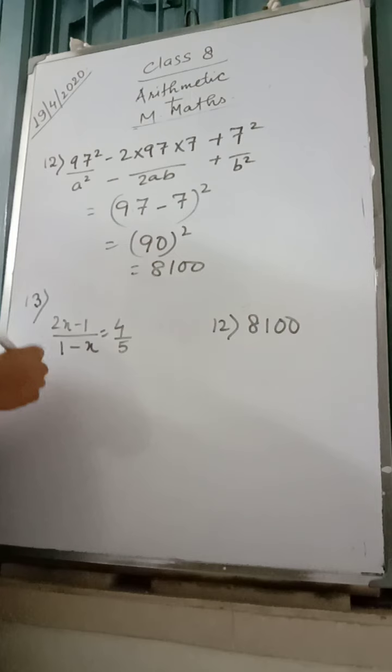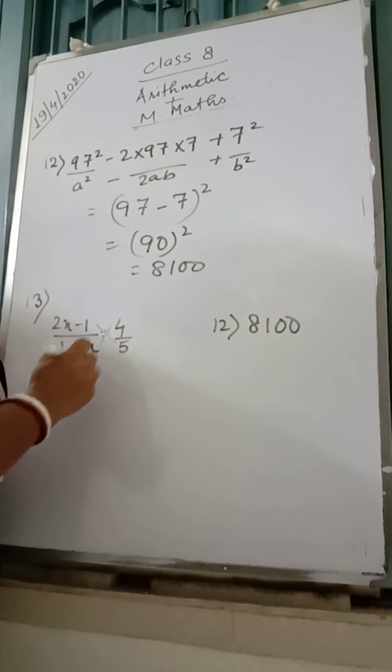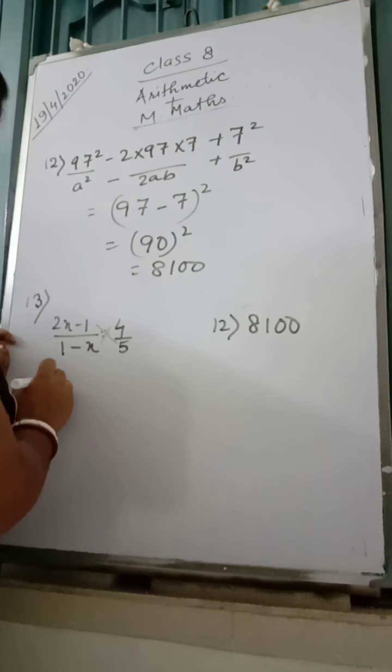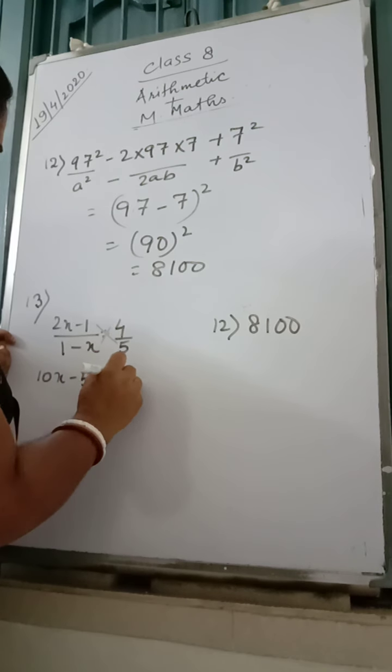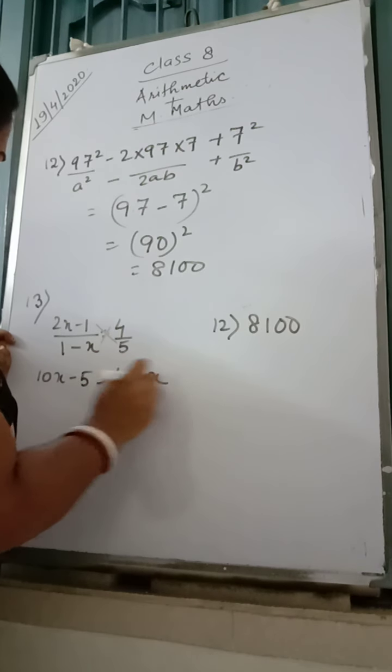Number 13, it is 2x minus 1 by 1 minus x is equal to 4 by 5. What we are going to do? We are going to do cross multiplication. So 5 2s are 10x minus 5 is equal to 4 minus 4x.